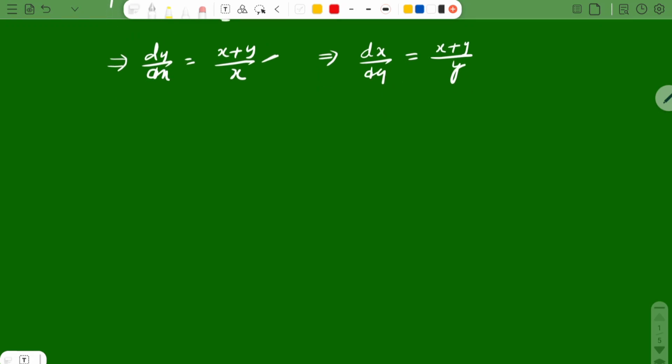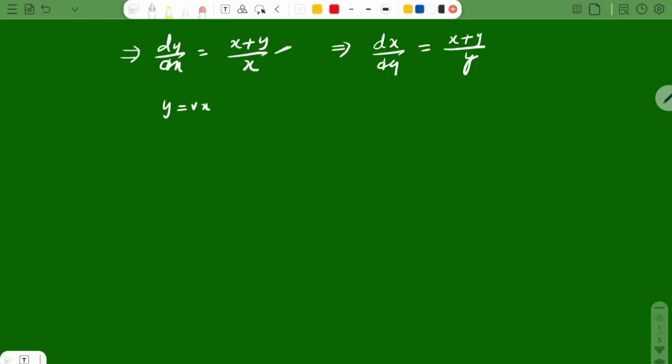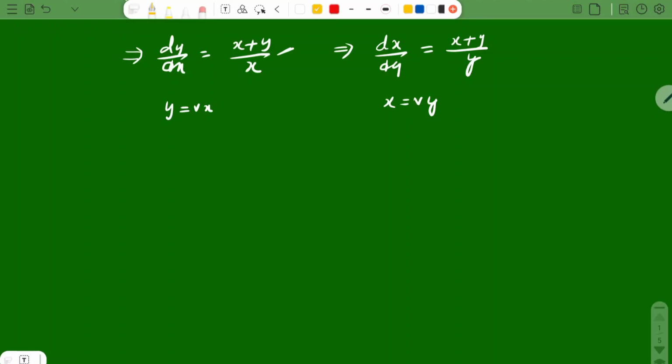So let me take, if any function in the form of dy by dx, we consider y is equal to vx. If any differential equation is in the form of dx by dy, we consider x is equal to vy, and differentiate with respect to x on both the sides. So dy by dx, which is equal to, this is the uv formula, v plus x into dv by dx.